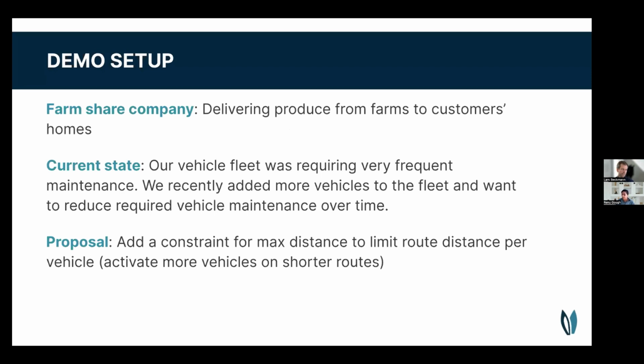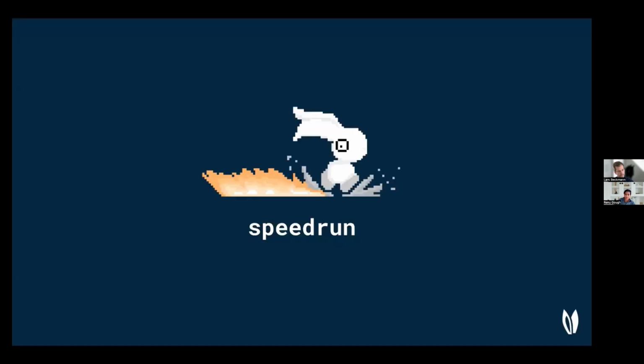So we've recently added some more vehicles to our fleet, and we're hoping to reduce the amount of required vehicle maintenance over time and reduce that wear and tear. So what we're going to do is add a max distance constraint to limit our route distance per vehicle. Hopefully that activates more vehicles for shorter routes and reduces that wear and tear. So what I will do now is hand it over to you, Lars, to jump into the demo.